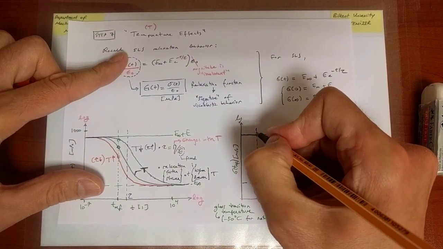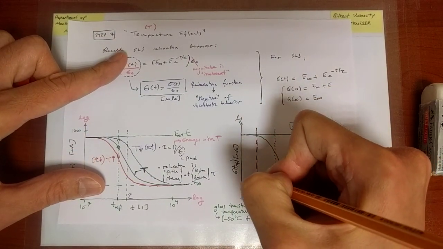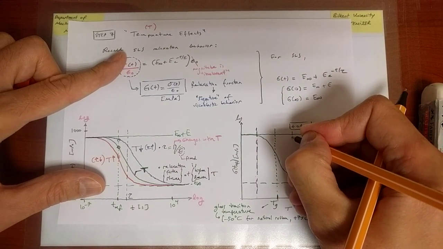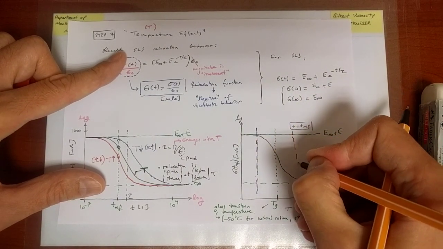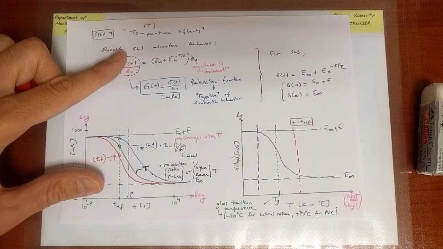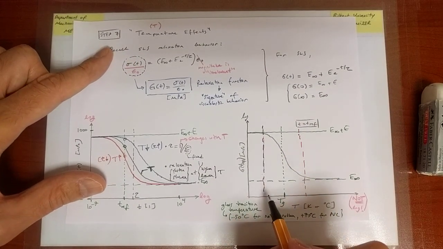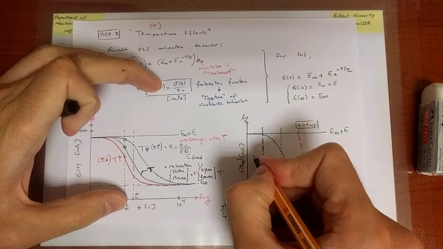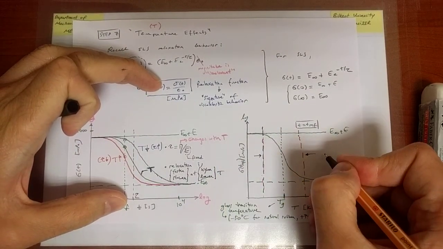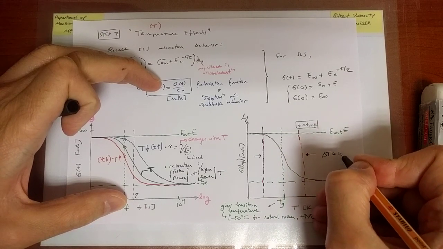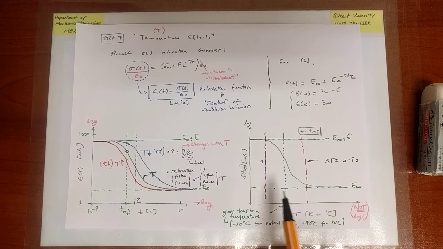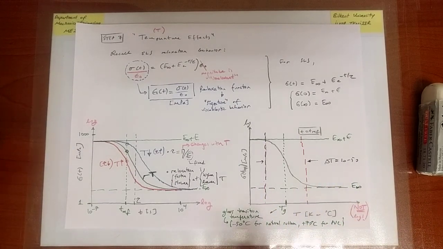So let me correct that as blue and this part as green or red. This range is about 10 to 50 degrees Celsius or Kelvin for most polymers. Again, it does depend on the polymer, but that's a good range.